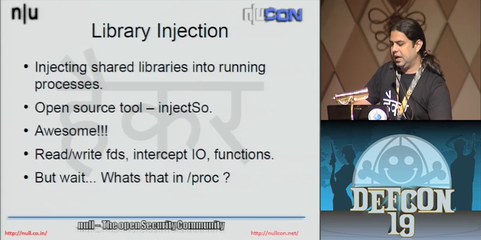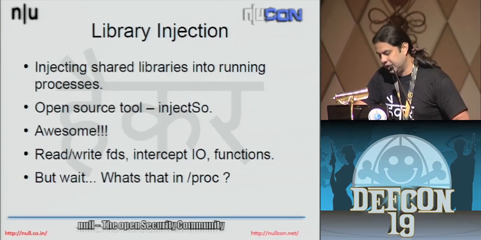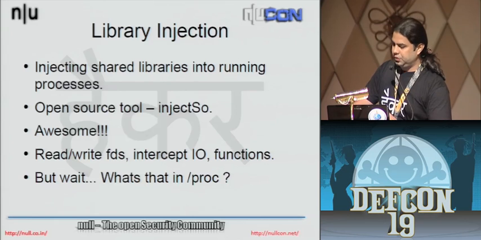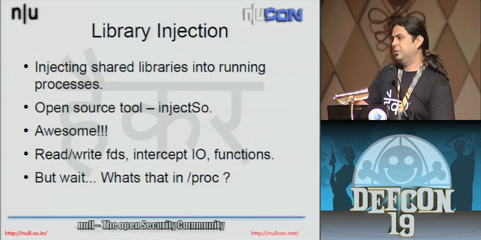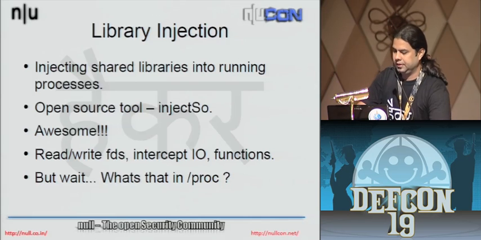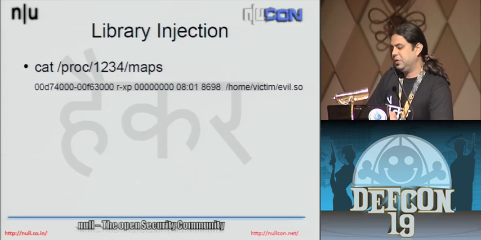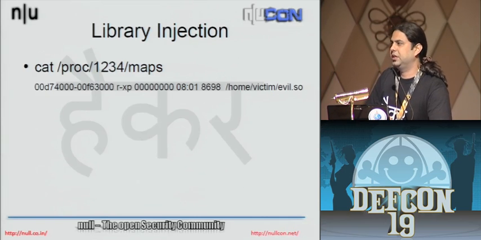So I found an interesting tool called InjectSO, which uses the same ptrace functionality to inject a whole shared object inside a process. Now the problem with this is you can see the library or the shared object that has been loaded into the process if you go and view the maps file.